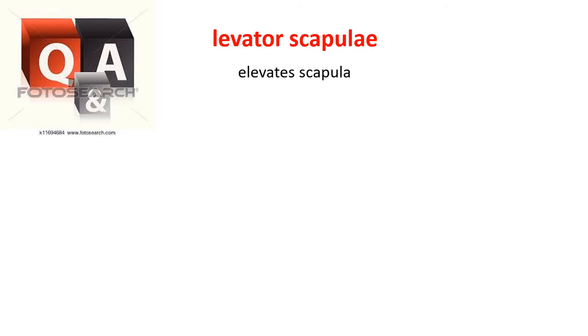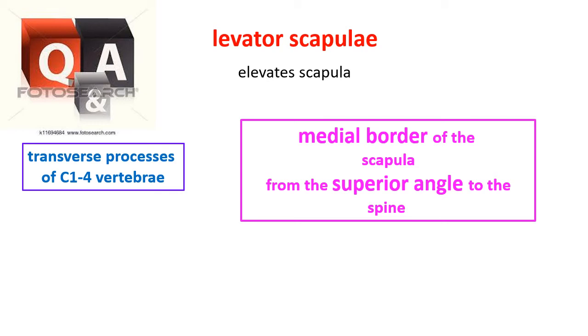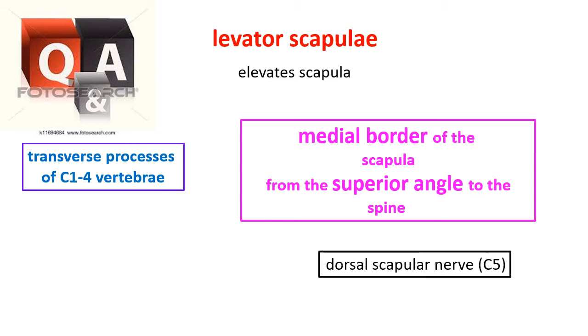It elevates the scapula, and it comes from transverse processes of C1, 2, 3, and 4 of the cervical spines, and it goes to the medial border of the scapula from the superior angle to the spine, and it is supplied by the dorsal scapular nerve C5.